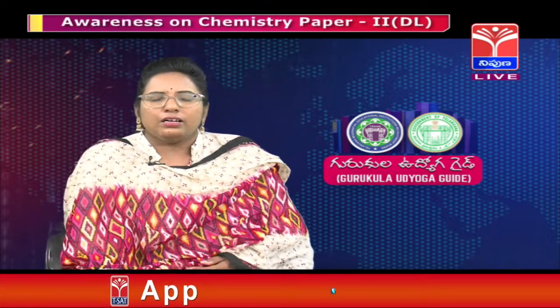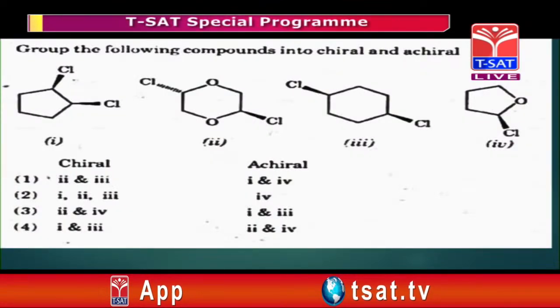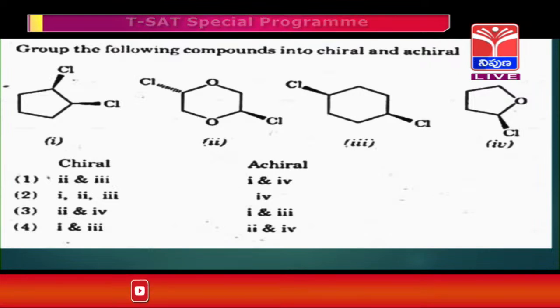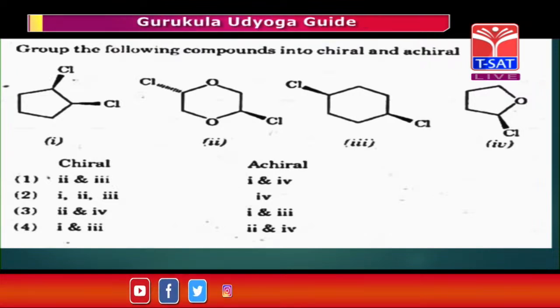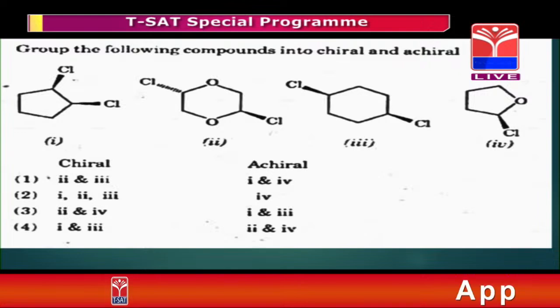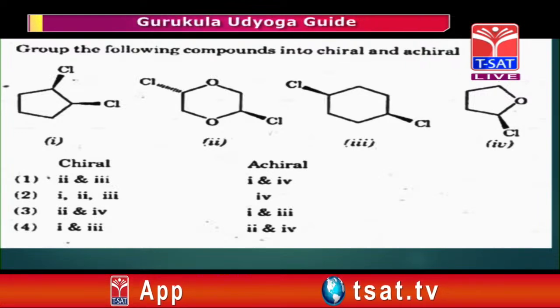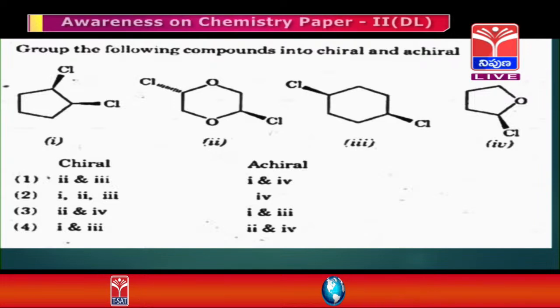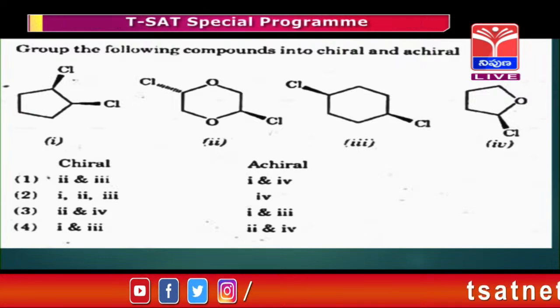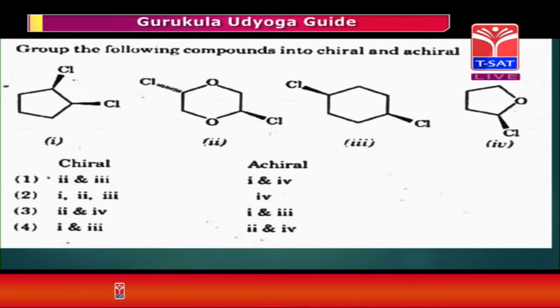Let us go through one question. Group the following compounds into chiral and achiral. What is the criterion for chirality? Chiral molecules are free from all symmetry elements. See here, the first and third molecules have a plane of symmetry, so they do not belong to chiral molecules, and the second and fourth molecules do not have any kind of symmetry, so they are chiral molecules.